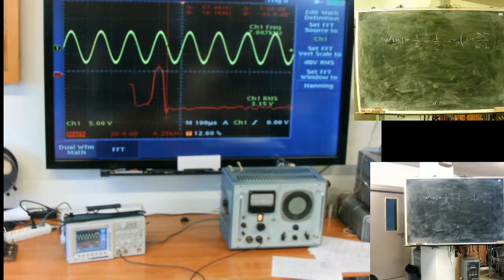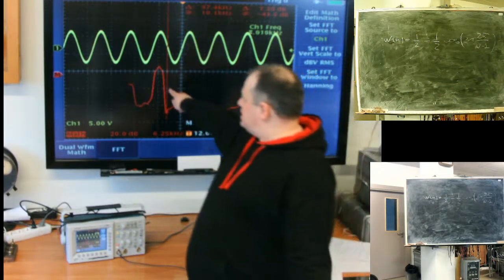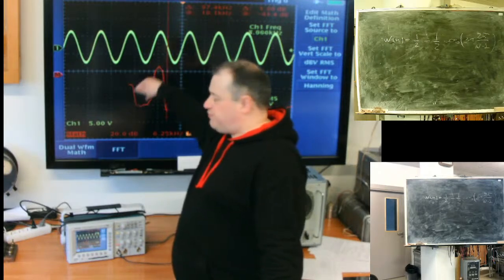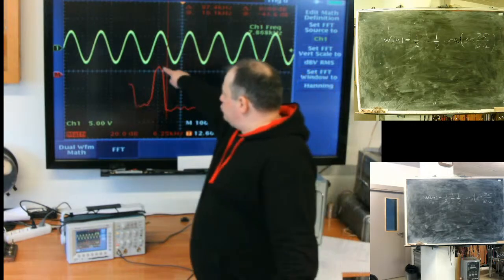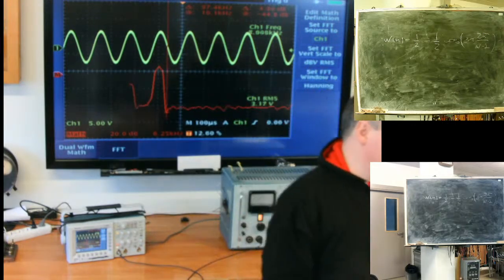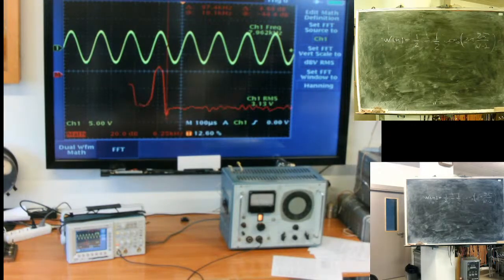It has a very good frequency resolution. This one is good for frequency detection because of this shape. But this one, relative to this point, is only 31 decibels. It's not so good for detection of small signals, but it's good for frequency detection.